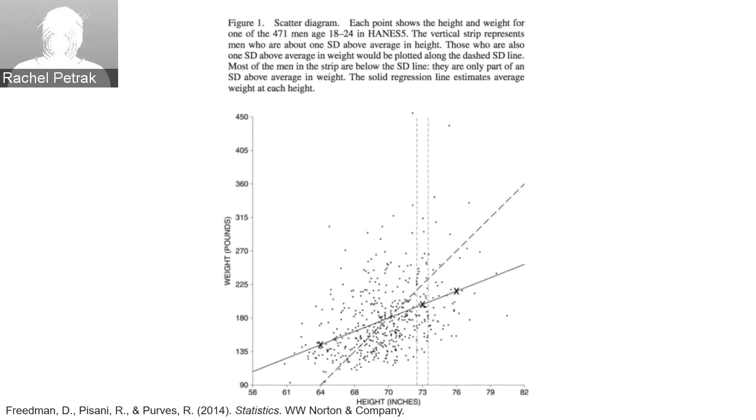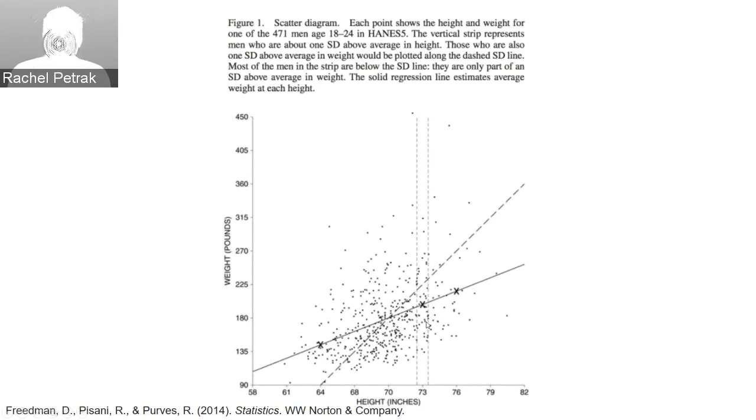And we've seen this graph before throughout our chapters on correlation, now regression. And let's just talk about a couple of key aspects of this diagram. The vertical strip, that is these two dashed lines, represents men who are about 1 standard deviation above average in height. Why are the lines here?